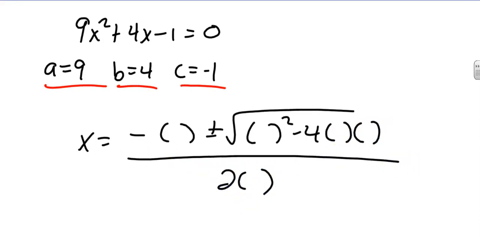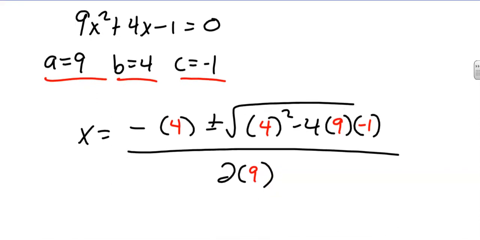Okay, so for the quadratic formula, it was the negative of b plus or minus the square root of b squared minus 4 times a times c, and that was all over 2 times a. Okay, and again, the good news on this one is because it's a decimal answer, we don't have to worry about simplifying the square root.